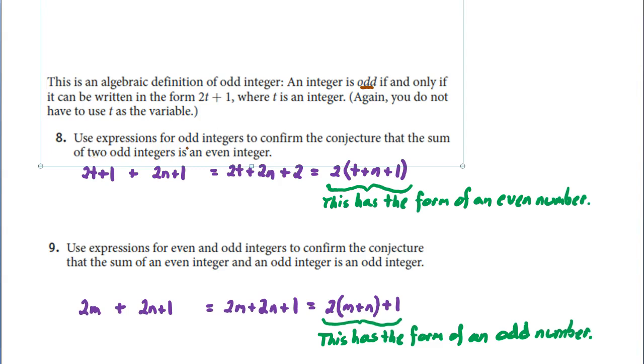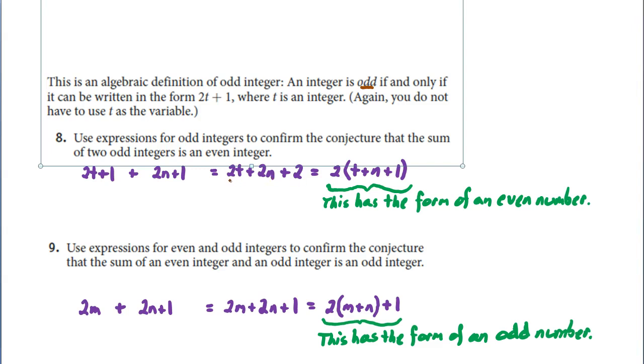Number 8, use expressions for odd integers to confirm our conjecture that the sum of two odd integers is an even. So here is an odd integer, 2t plus 1. Let's add another odd integer, 2n plus 1. Kind of grouping them a little tighter together creates this format.